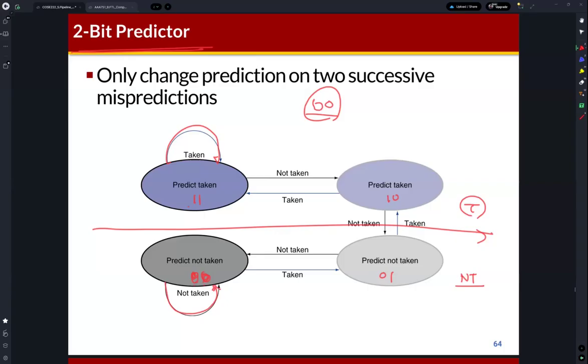So with the 2-bit predictor, we monitor one more event, right?